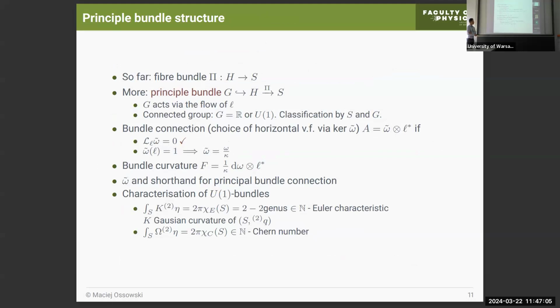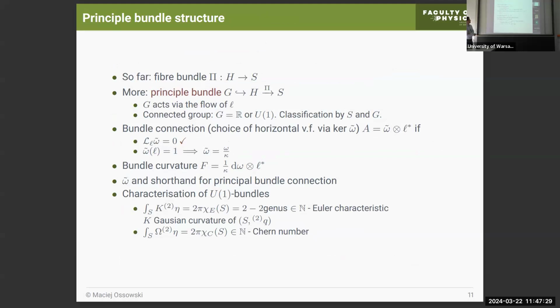And this is a convenient construction because now we have two different characterizations, I mean topological invariants, of our Riemann bundles. The first of them is the so-called Euler characteristic, which is just 2 minus twice the genus. It should be 2 pi here also, sorry.